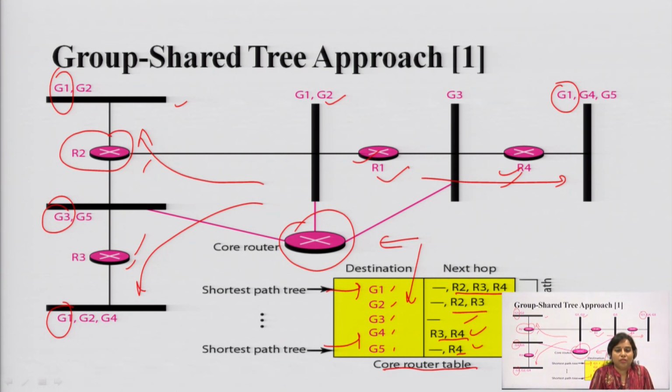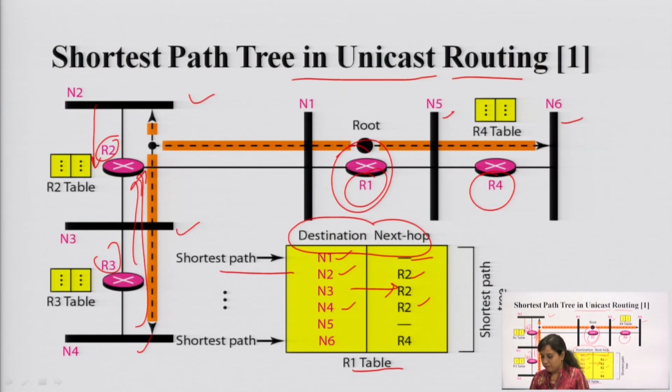All these networks may be connected to ARP, that is the automatic repeat request protocol. They can be connected to different networks also, to WAN, to ATM, to frame relay also. So, these are the considerations made in case of this group shared tree protocol.